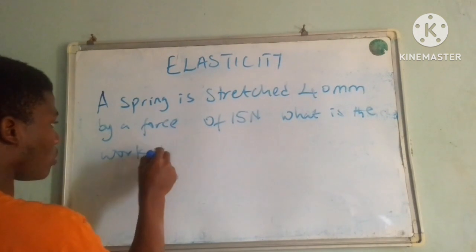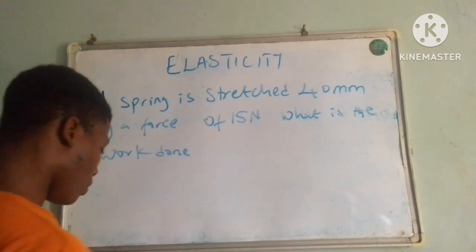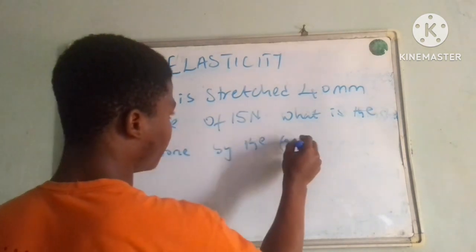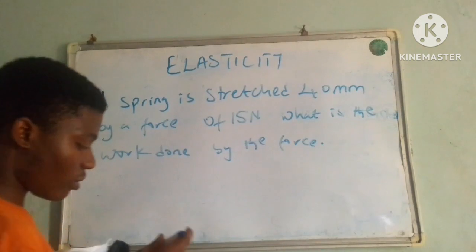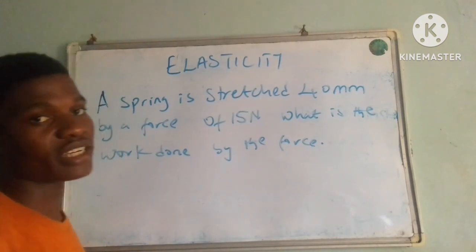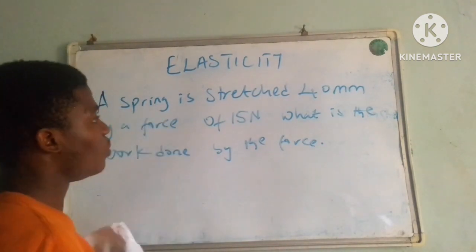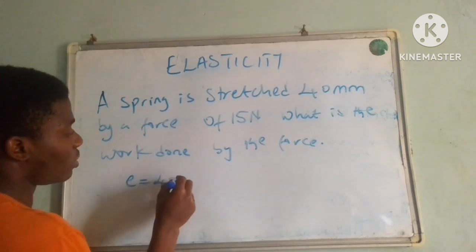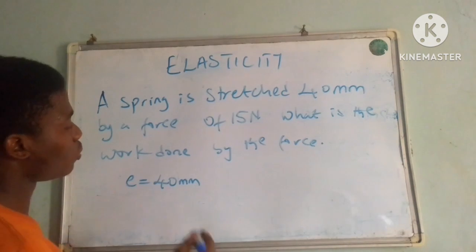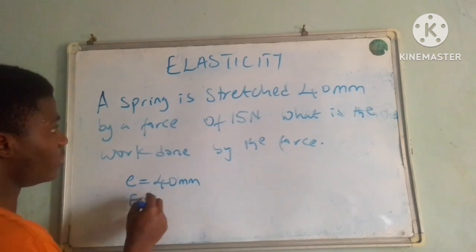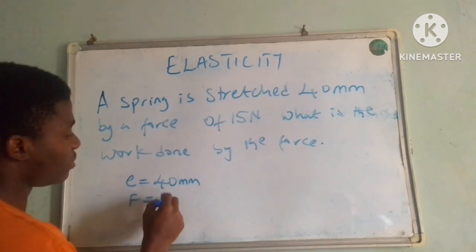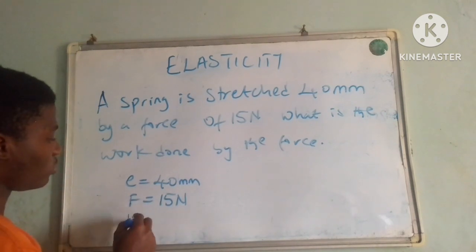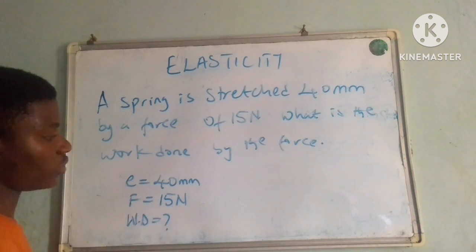What is the work done by the force? So here what we are going to do is first write down the parameters we were given. We were given extension to be 40 millimeter, and force to be 15 Newton, and we are looking for WD, which is the work done.